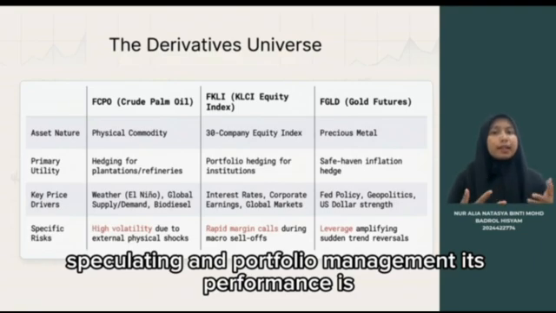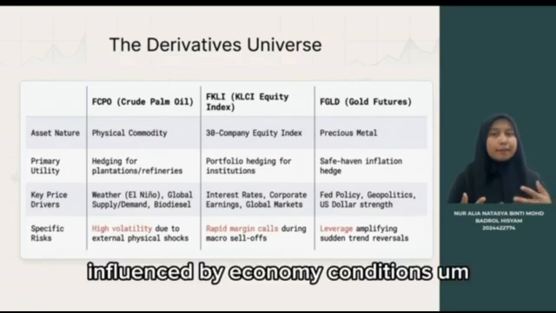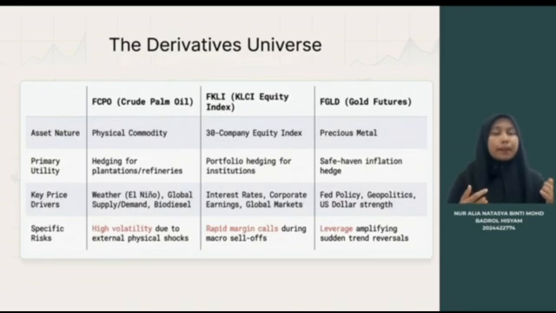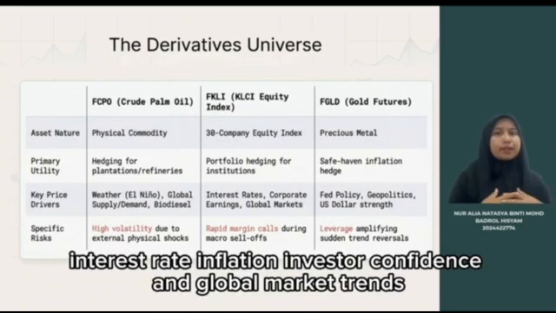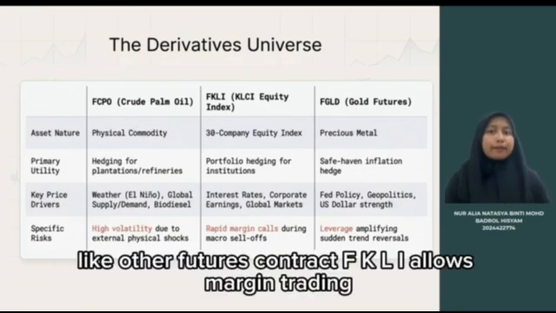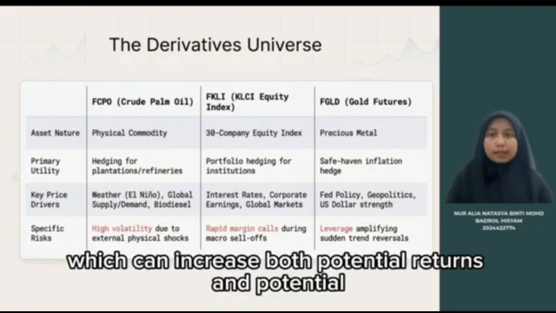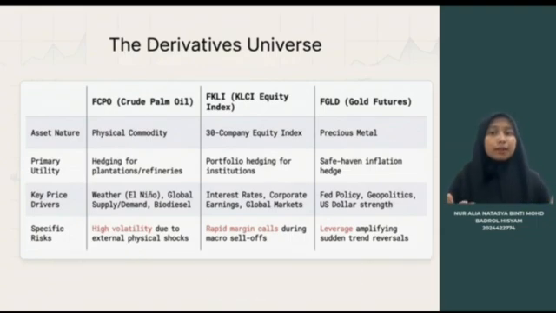Its performance is influenced by economic conditions, interest rate, inflation, investor confidence, and global market trends. Like other futures contracts, FKLI allows margin trading, which can increase both potential returns and potential losses.